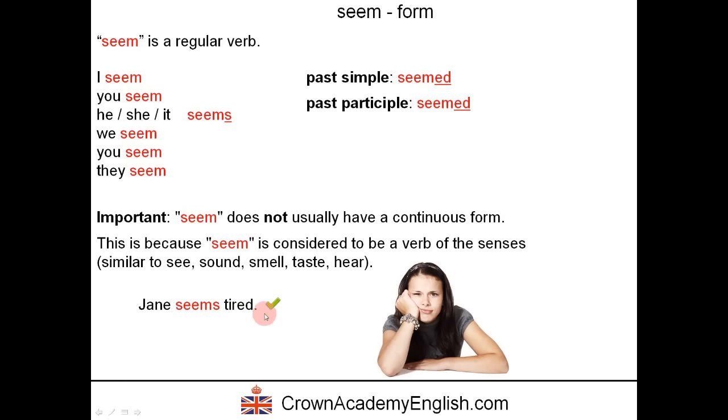Jane seems tired. But this is wrong. Jane is seeming tired. No, seem does not have the continuous form. This is also wrong. Jane is seeming to be tired. This is also incorrect, because seem does not have an ing form. Okay?